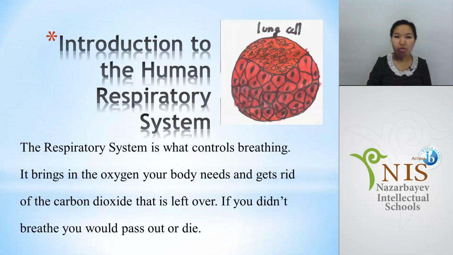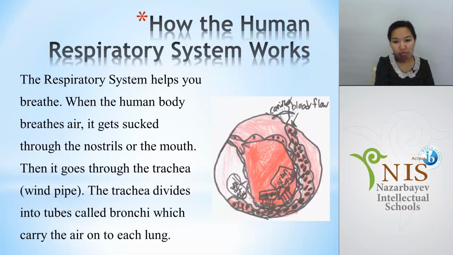Today we want to talk a lot about each organ and what happens in each organ. First of all, why do we need the respiration system? The respiration system controls all breathing. It brings oxygen to our body and gets rid of carbon dioxide. Without breathing, our life is impossible.